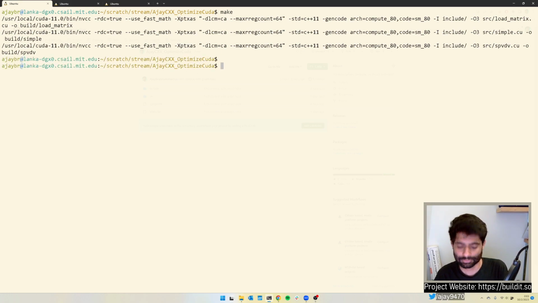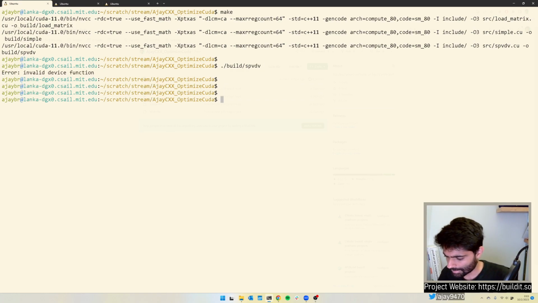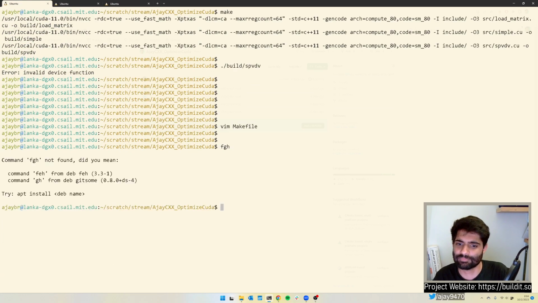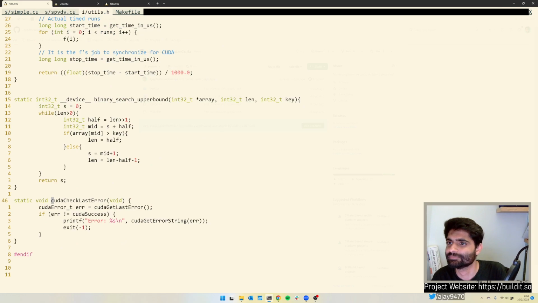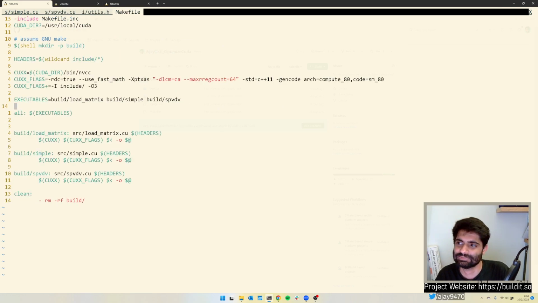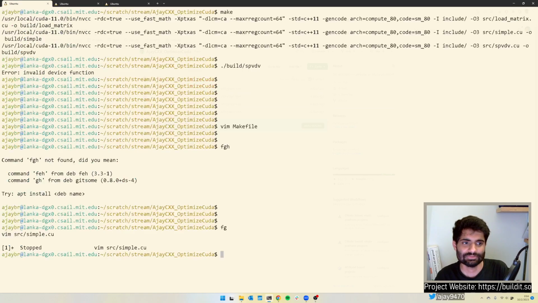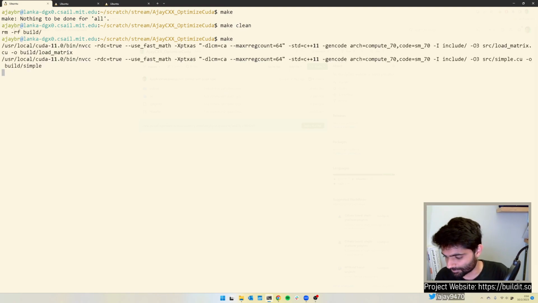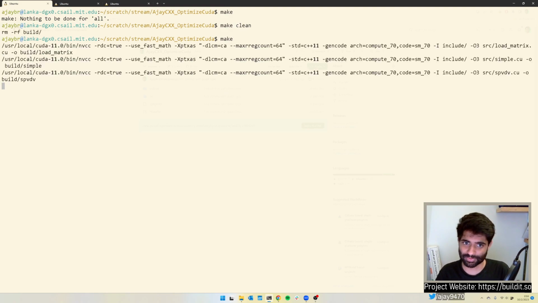Okay, let's see. Build. You know what? You might be right. I might have forgotten what my V100's compute capability is. Maybe it is actually 70. I was also programming for my local laptop before, which has a newer version of GPU.